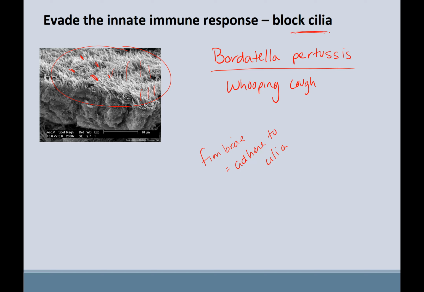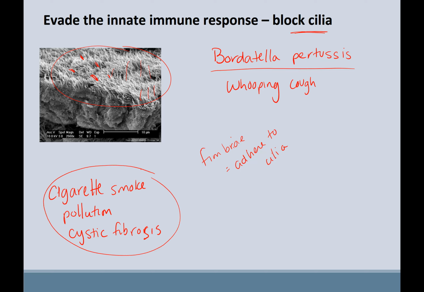Other things, just to FYI, cigarette smoke, pollution, cystic fibrosis, these things also affect the movement of the cilia.